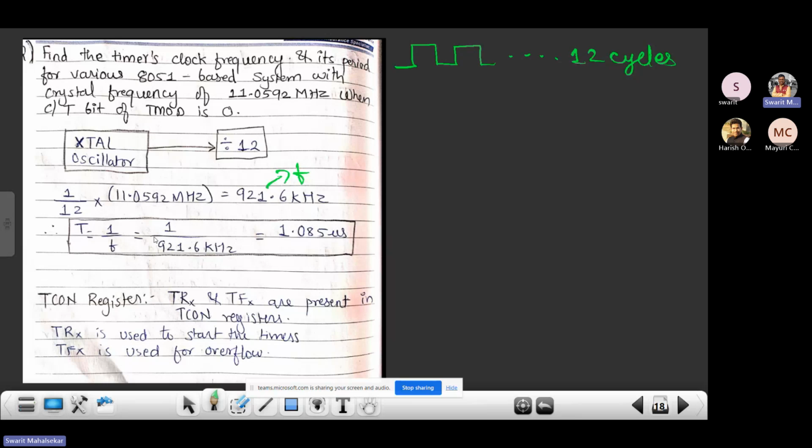So from here, exactly what we are going to calculate is the time required for 8051 to execute one instruction, and this is that particular time, that is 1.085 microsecond.